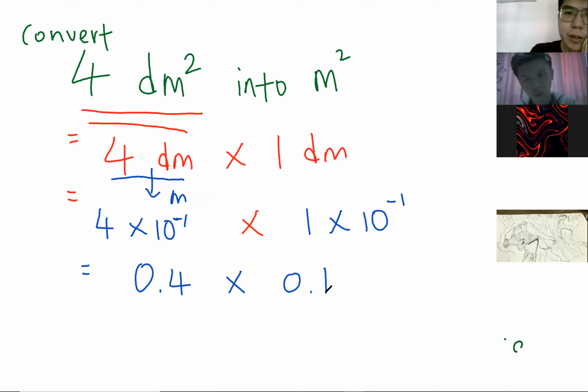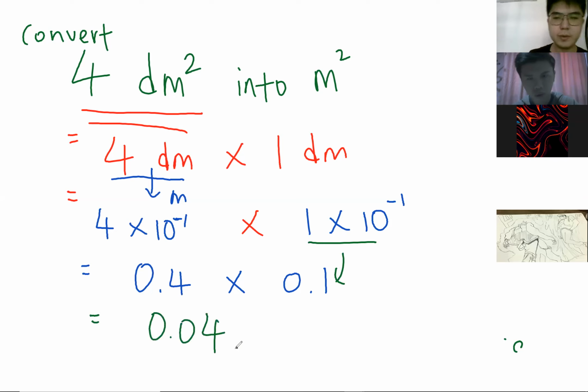If you change to ordinary numbers, you just type that into a calculator and you should get the final answer. 0.4 times 0.1 gives you 0.04 m square.